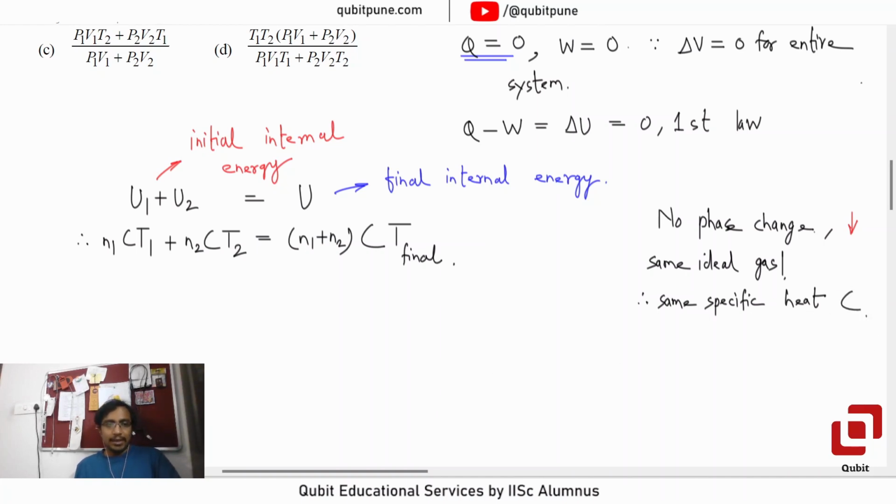Then we can cancel these things, and therefore T final would be (N1 T1 plus N2 T2) upon (N1 plus N2). Pretty much like the section formula.